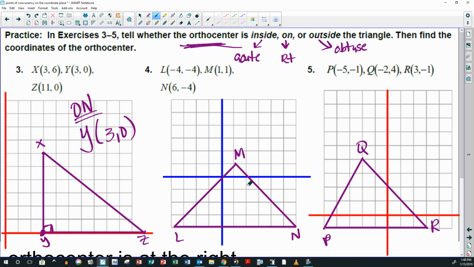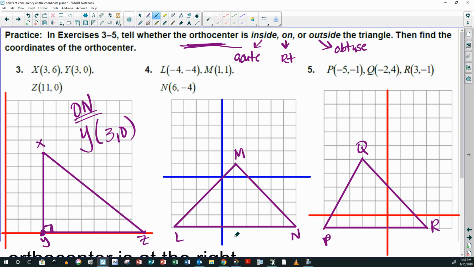If you don't want to find their slopes, then you're going to have to do the extra work only to find out you didn't have to. So the first thing you're going to want to do when it's not obvious like the first triangle is find the slopes of your sides to see if anything is perpendicular. Because if it is, then you don't have to do any work because you know, oh, it's a right triangle.